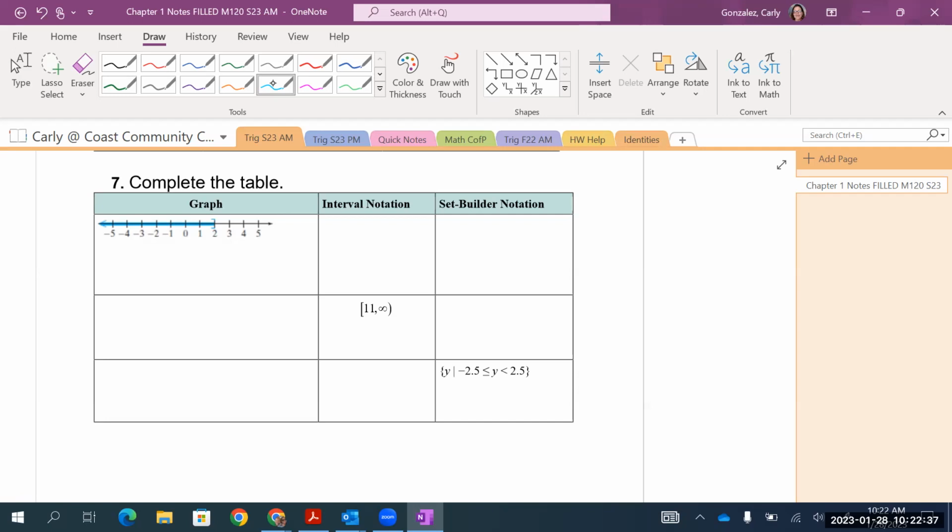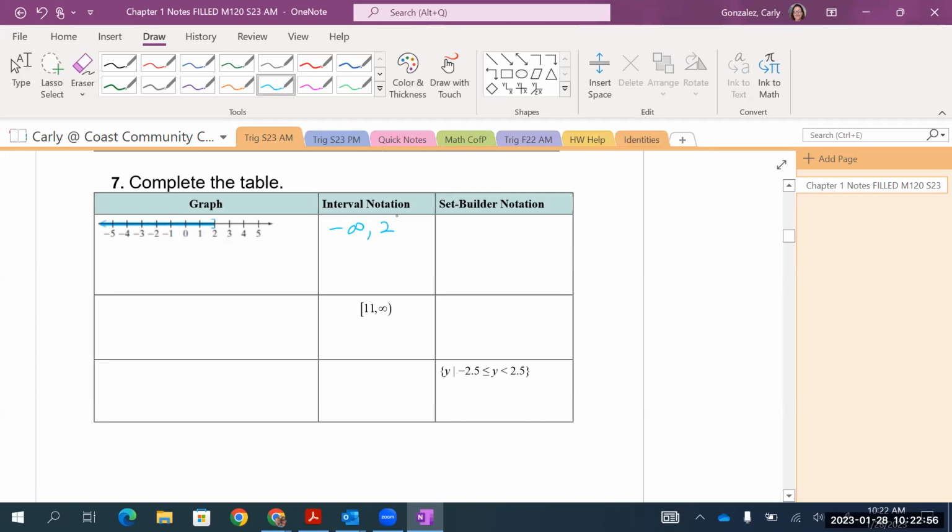So on a horizontal number line, it means left to right. For this, okay, what's farthest to the left? Where are we starting? Well, there's an arrow, so it continues. So we're actually going from negative infinity and ending at 2.